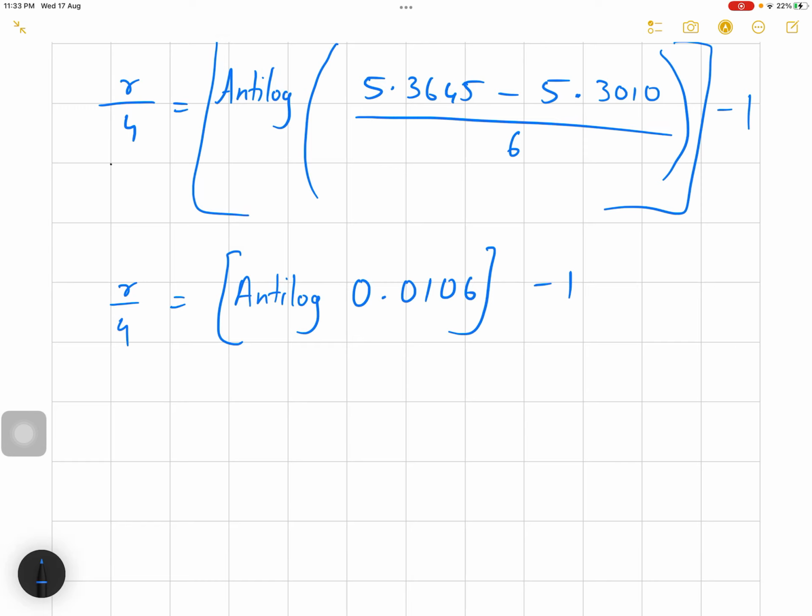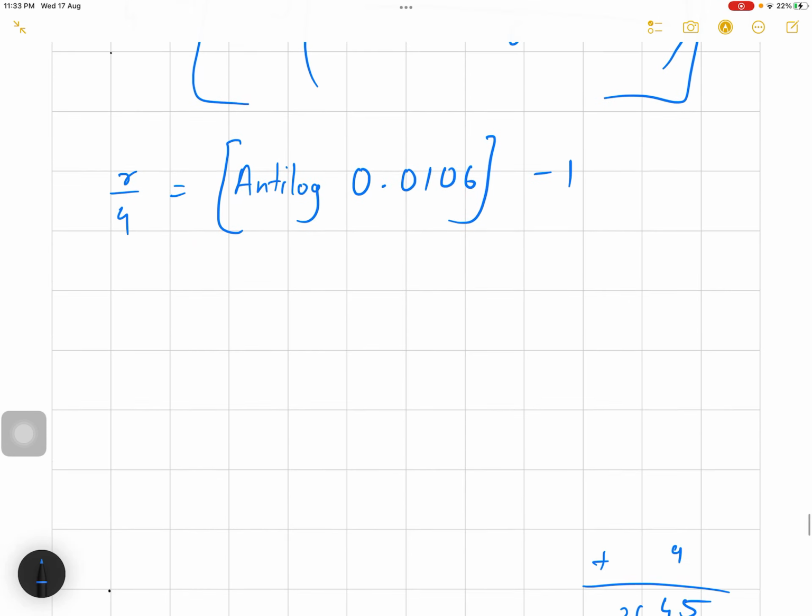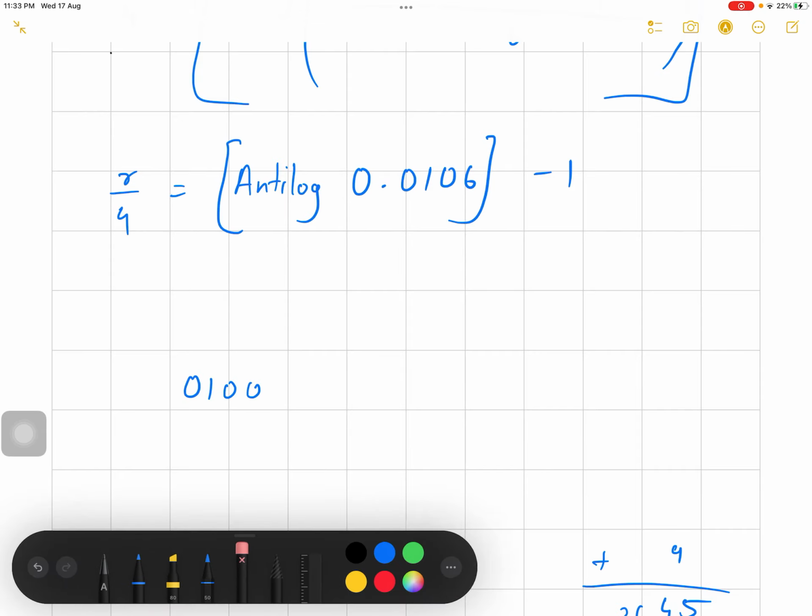Okay, so let's find anti-log of 0.0106. You will ignore the digit before the decimal point.